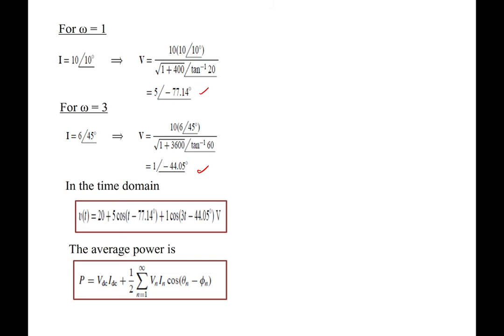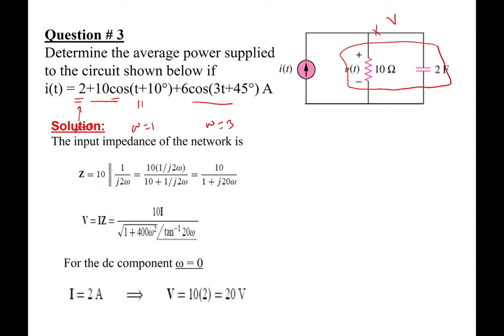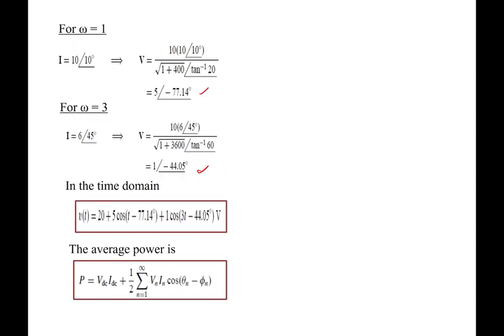You can convert this voltage now from the phasor quantity, magnitude and angle, to time domain. So it will be the DC component over here for the voltage. As we said, the DC component will be 20. And for the fundamental component, 5 cosine, and the angle is that one. Then over here the angle is minus 44.